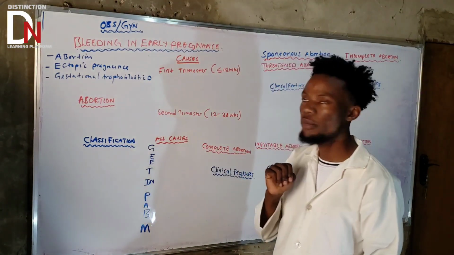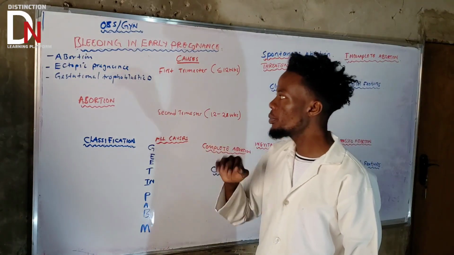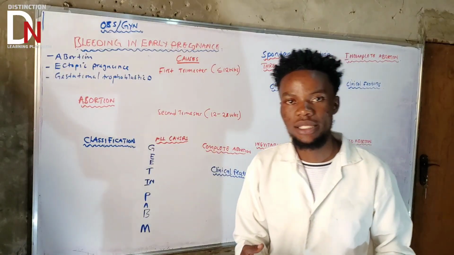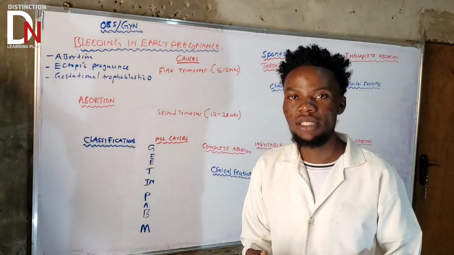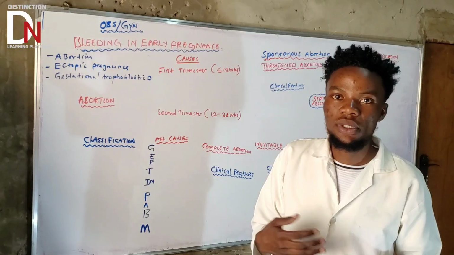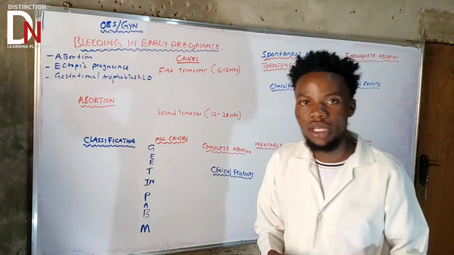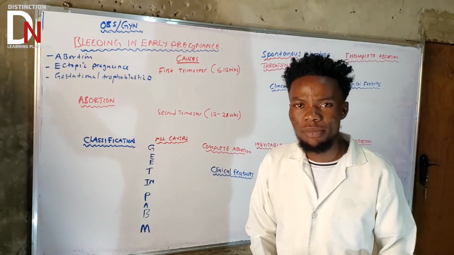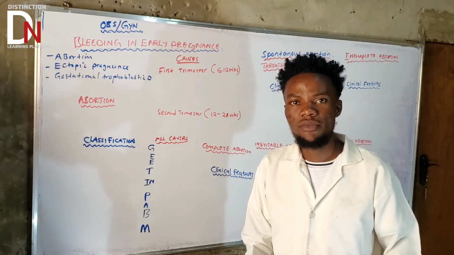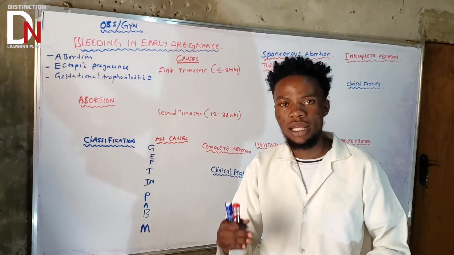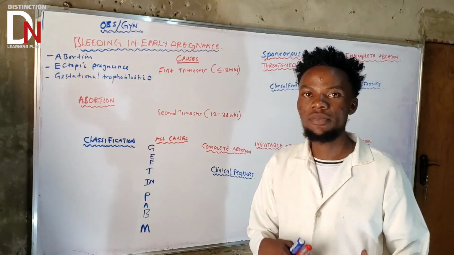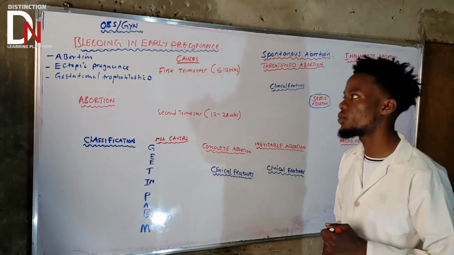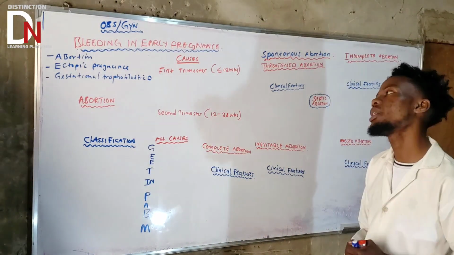Ectopic pregnancy is the type of pregnancy where a fertilized egg implants itself away from the normal implantation site, which is the endometrium of the uterus. It can implant in the ovaries, the fallopian tube, the cervical region, the fundus, the isthmus. Any site apart from the normal endometrial lining of the uterus is what we call ectopic pregnancy. It is a very important case as well.